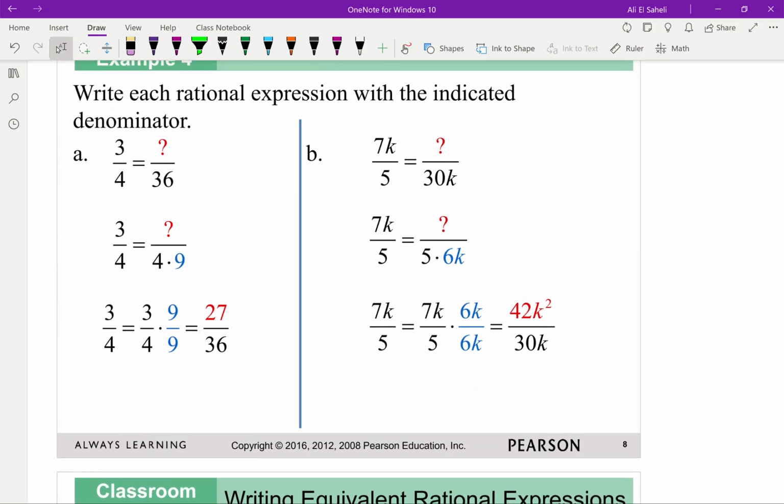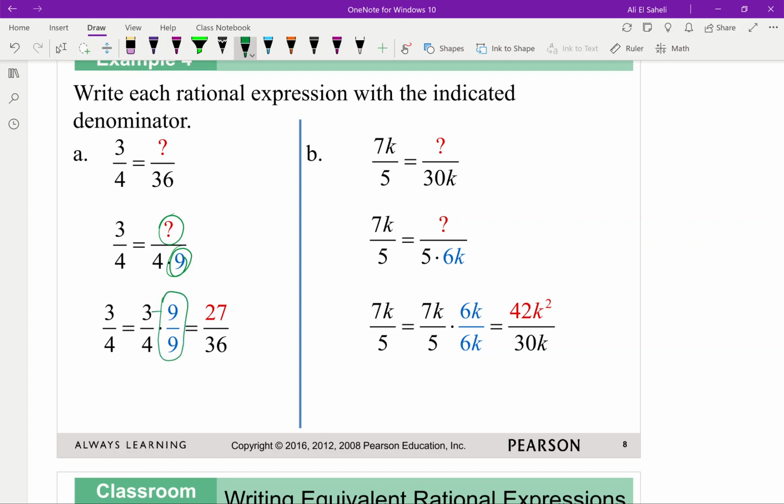All right. Write each rational expression with the indicated denominator. I want to turn this into an expression whose denominator is 36. Now, what do I need to multiply 4 by to get 36? I need to multiply 4 by 9. But if I multiply 4 by 9, I have to multiply 3 also by the same number. So I would be actually multiplying by 1.